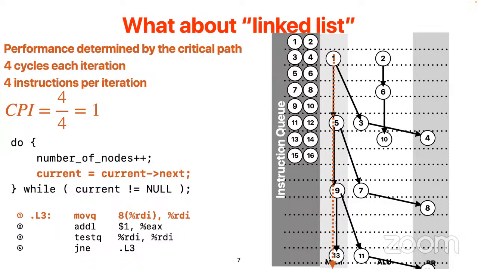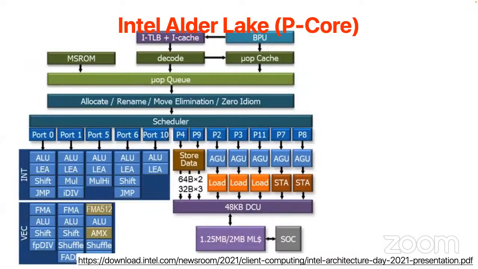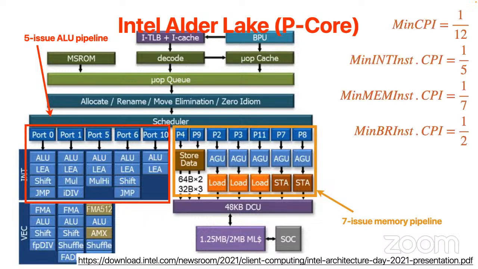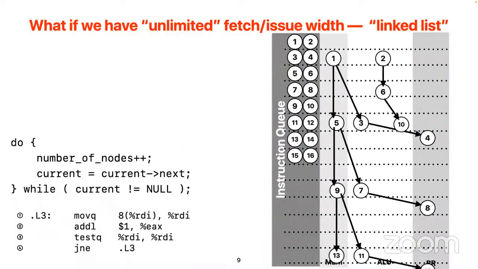And some of you might be questioning me, right? What if I have a processor like Intel Alder Lake that has a wide issue pipeline? Because you might think, well, the reason why I only have 1 CPI is because you restrict the number of issue widths in the processor, right? But what if I have a processor like this, then I should be able to get better CPI, right?